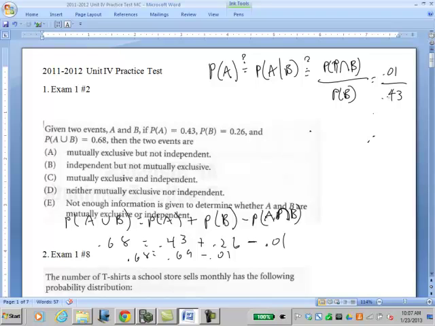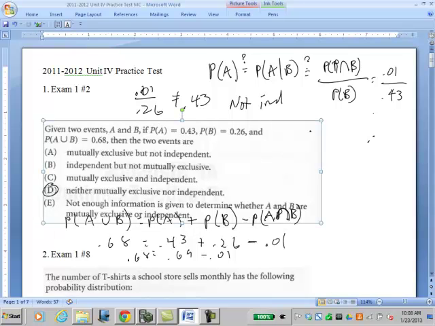Anyway, the point is 0.01 over 0.26 is not equal to 0.43. Okay? You don't have to use your calculator to figure that out. So they're not independent, and they're not mutually exclusive. So the answer is D.